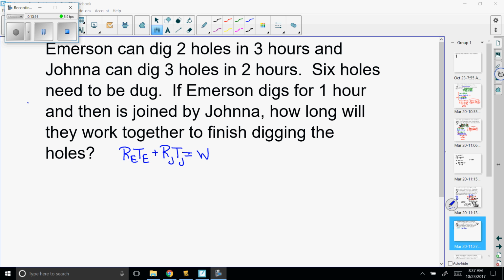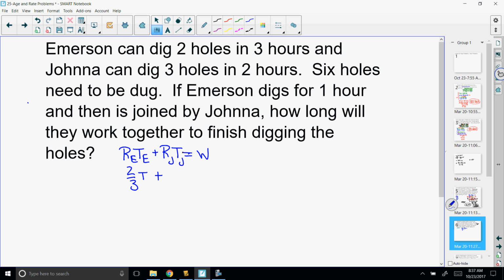Jade, how did you set it up? I had 2/3 times the quantity T plus 1, plus 3.5 T. Do you agree with this setup?